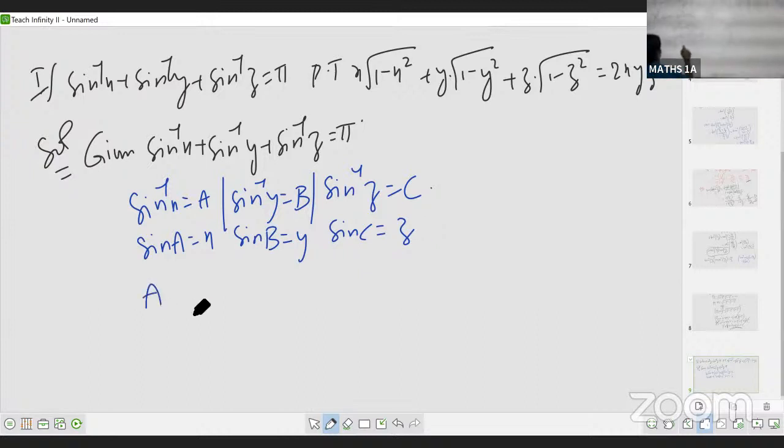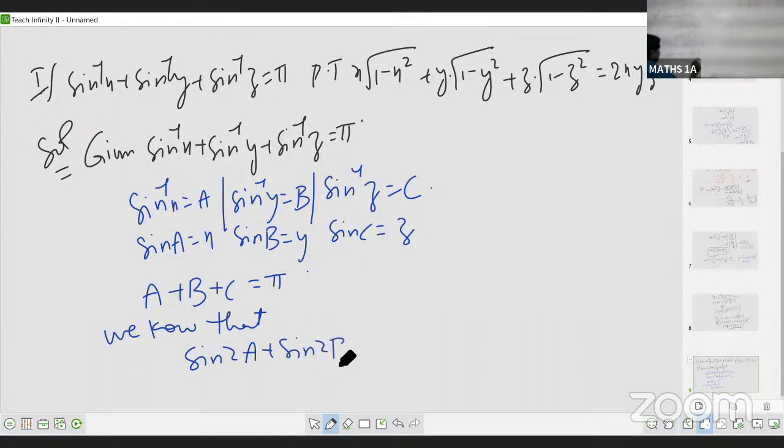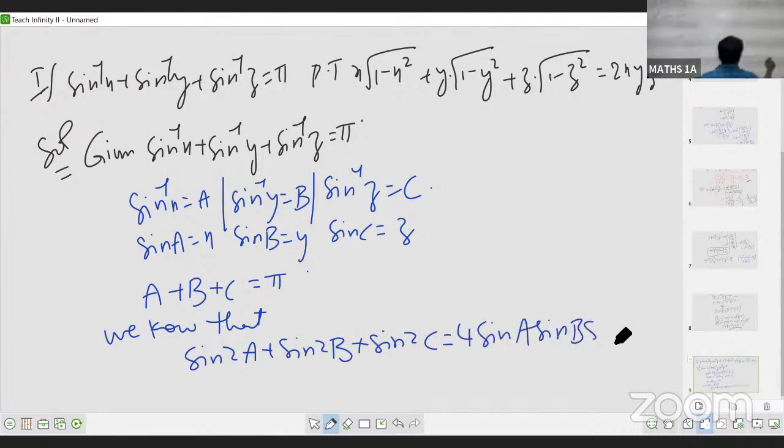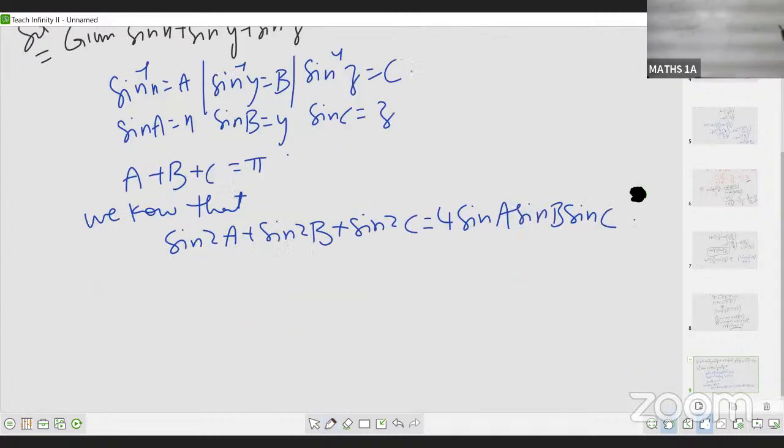Then A plus B plus C equal to π. Whenever A plus B plus C equal to π, then sin 2A plus sin 2B plus sin 2C is equal to 4 sin A sin B sin C. This is a transformation result which you are going to remember.